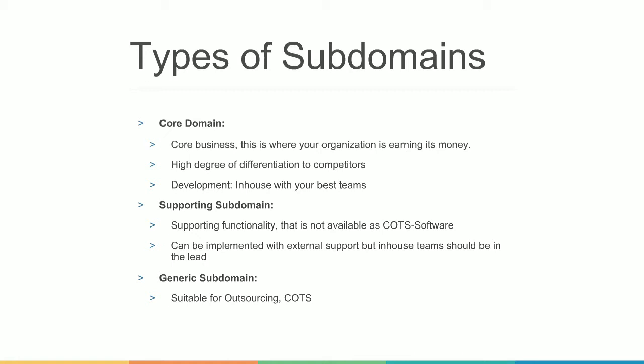And what the DDD community also suggests is that you should organize your staffing or your project delivery according to those subdomains. For instance, in the core domain, you want to have your best teams, and you obviously want to have internal teams.